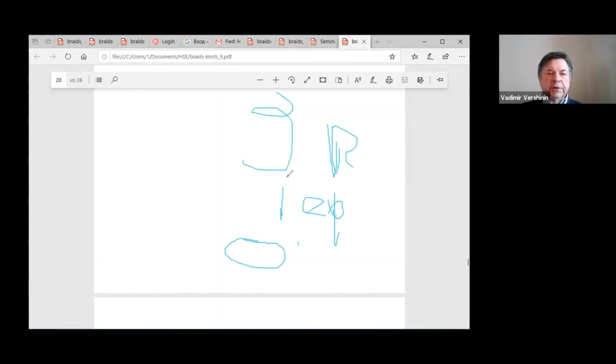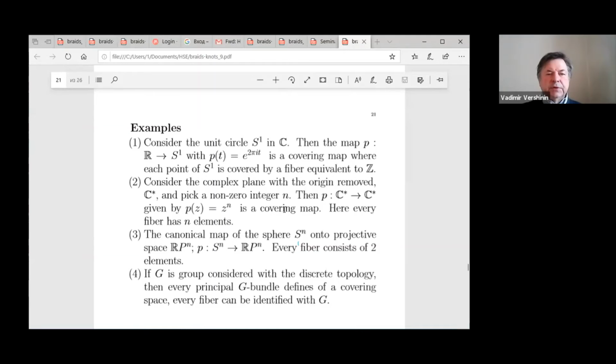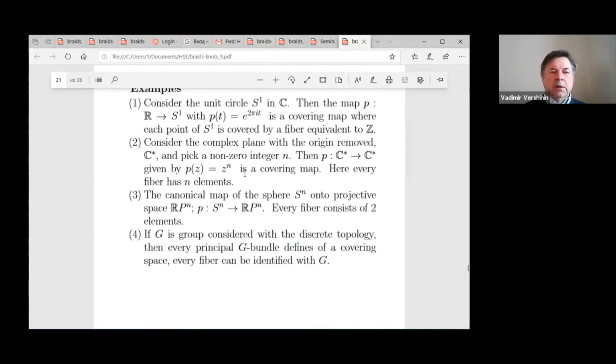But there are other examples. There are other examples. If you consider the complex map z^n, this is finite.